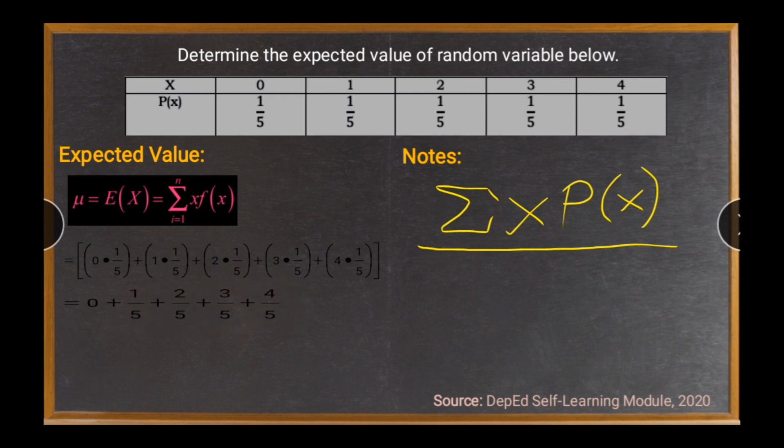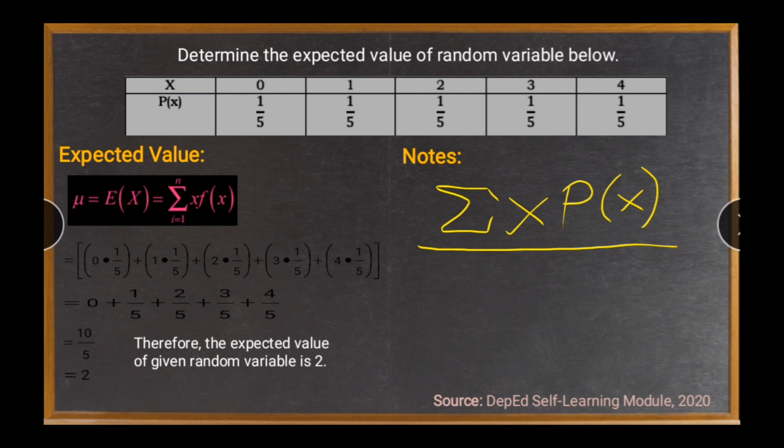Just copy the denominator, 5, and then add the numerators: 1 plus 2, 3 plus 3, 6 plus 4, 10. And then 10 divided by 5 is equal to 2. And that's your expected value. You can state, therefore, that the expected value of the given random variable is 2. Got it?